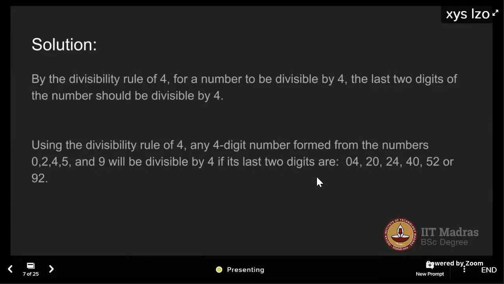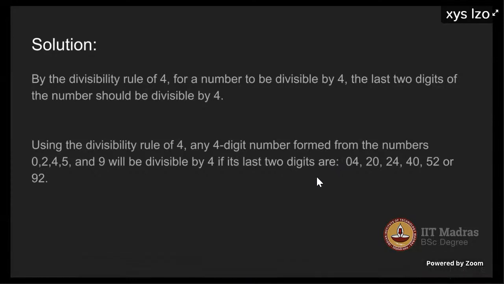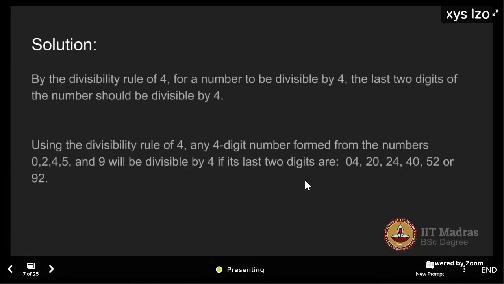I don't know about the divisibility rule of 4 actually. How are you getting these numbers: 04, 20, 24, 40? The divisibility rule says that if the last two digits of a number are divisible by 4, then the complete number is divisible by 4, irrespective of the number of digits. But I mean the last digit can be 0 to 4, I have 5 choices, right?